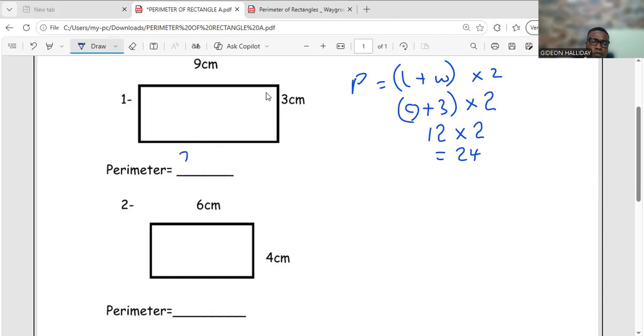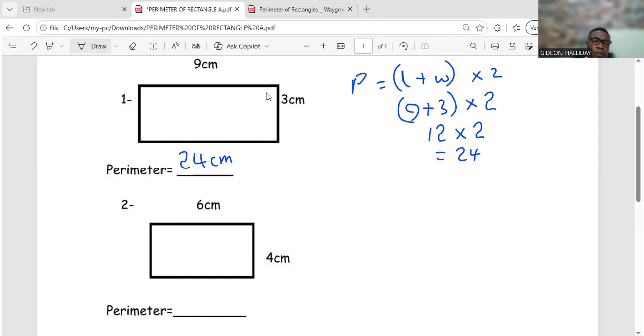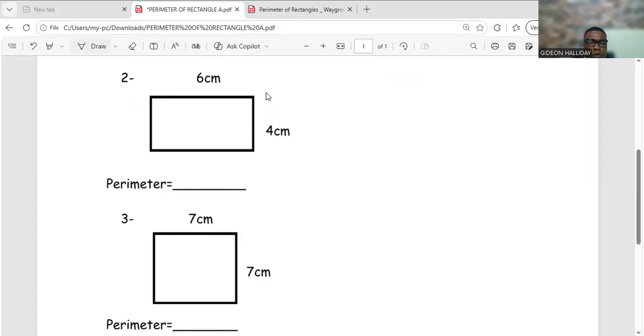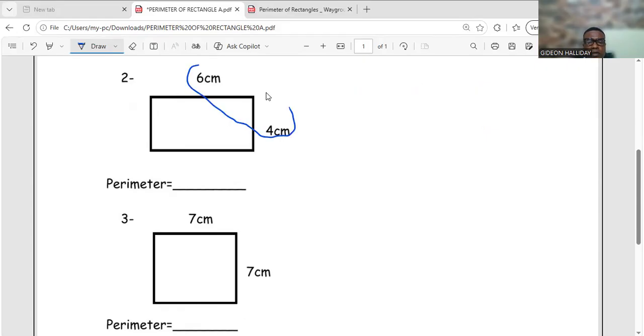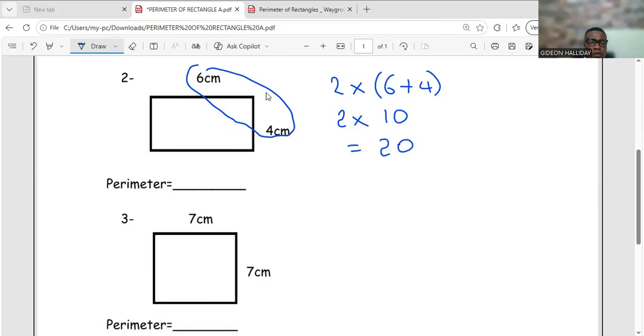So this is 24 centimeters, right? The next one, you see, 2 times 6 plus 4, right? 6 plus 4 is 10, so 2 times 10 is 20. So this is 20 centimeters.